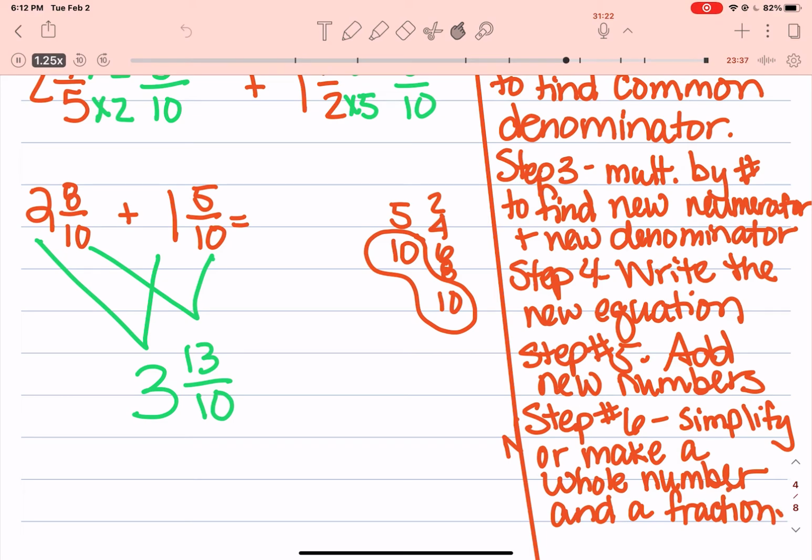And we have to do that here because 13/10 is greater than 1, so it becomes 4 3/10. There you go. Let me highlight these steps here.